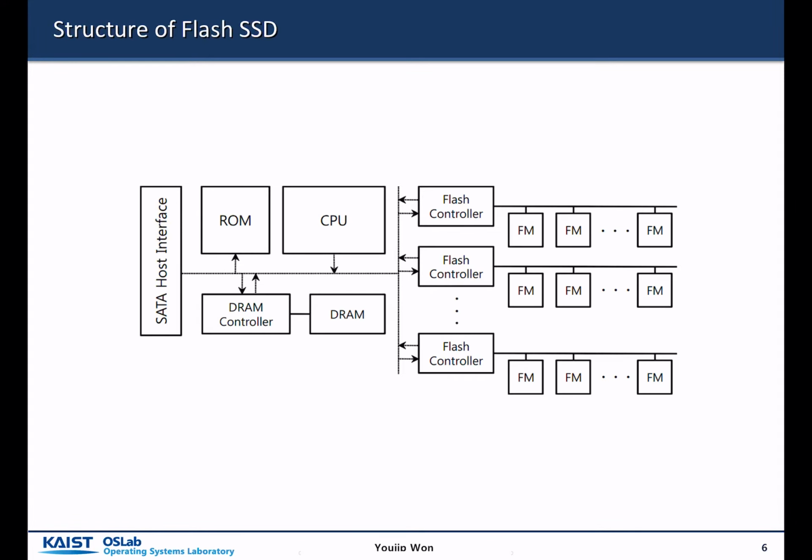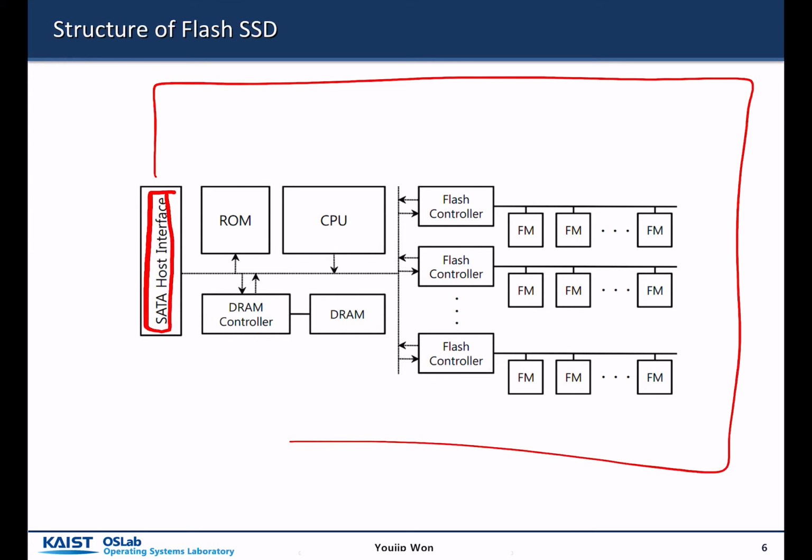This is the structure of a flash SSD. It first has an interface. It connects the SSD device to a host computer like a CPU. Each flash memory SSD has a certain amount of DRAM and an embedded controller.